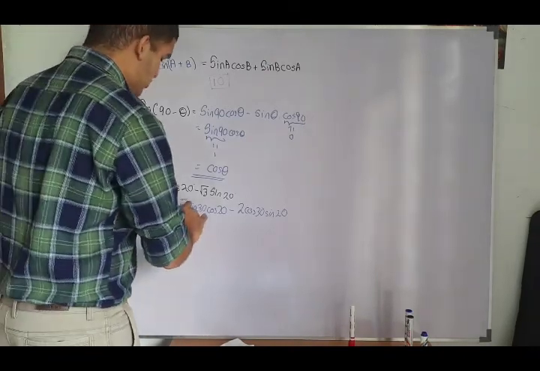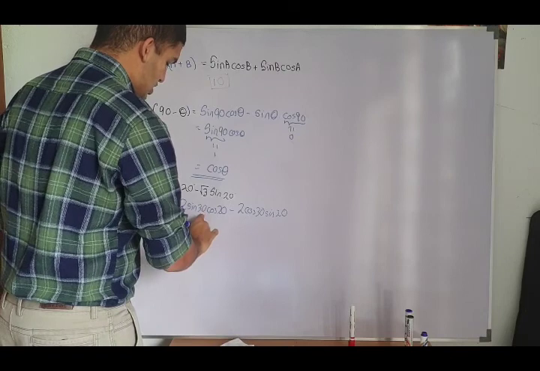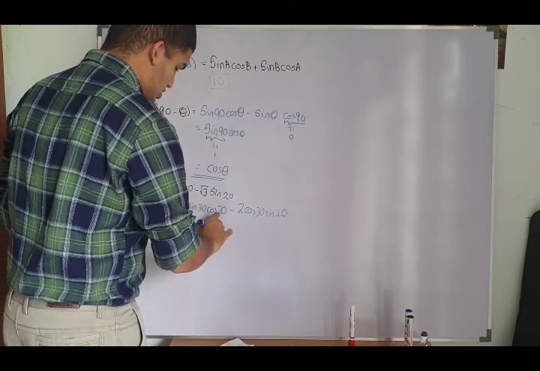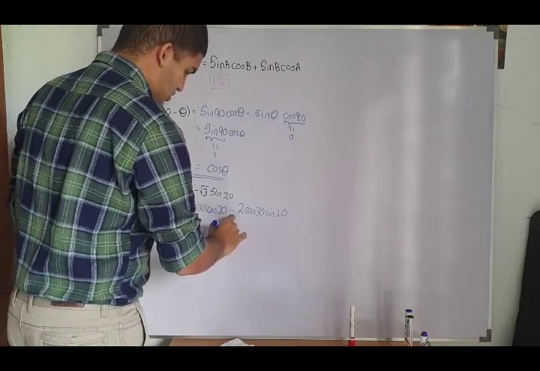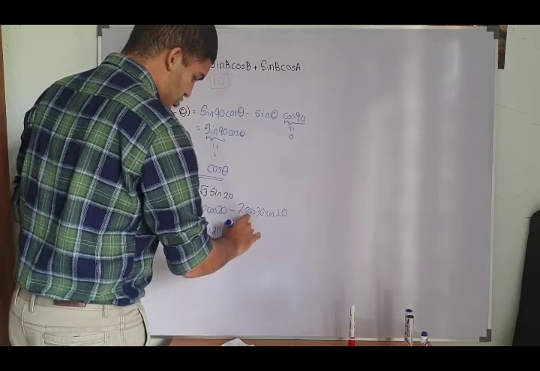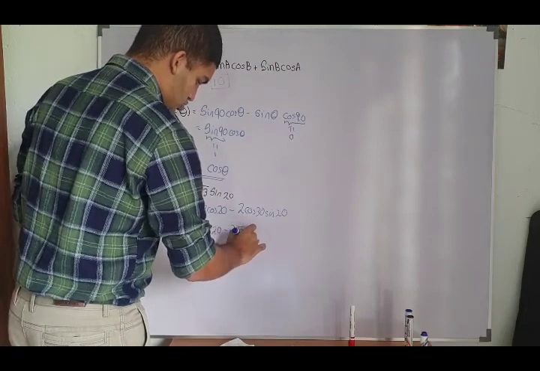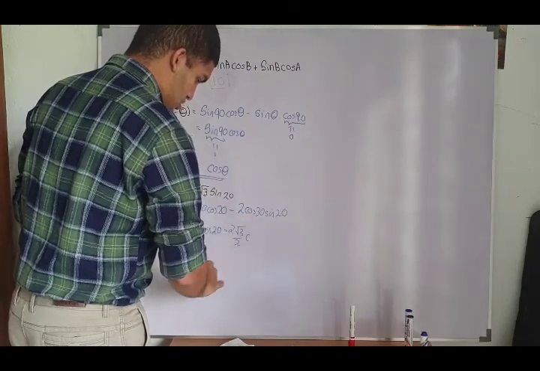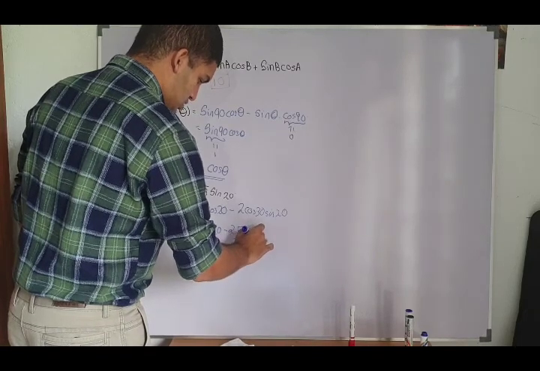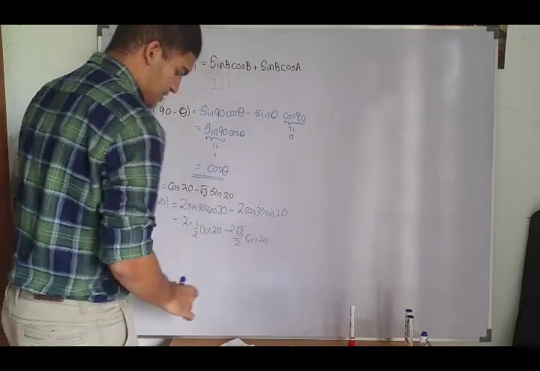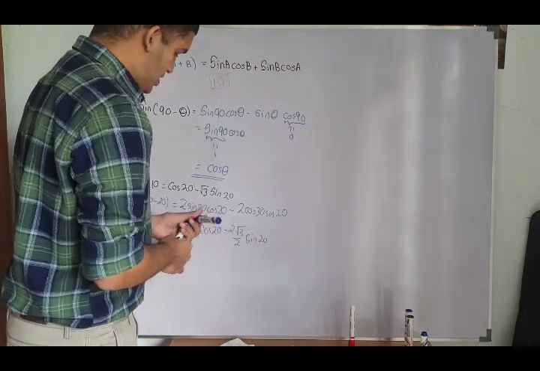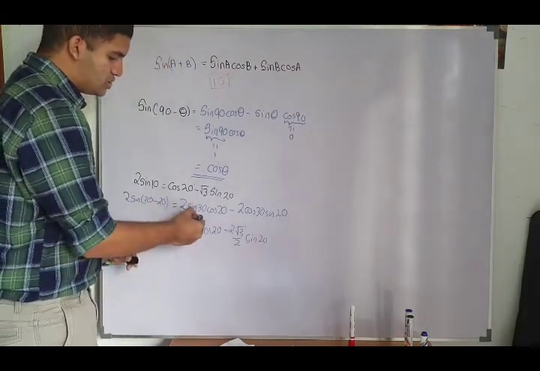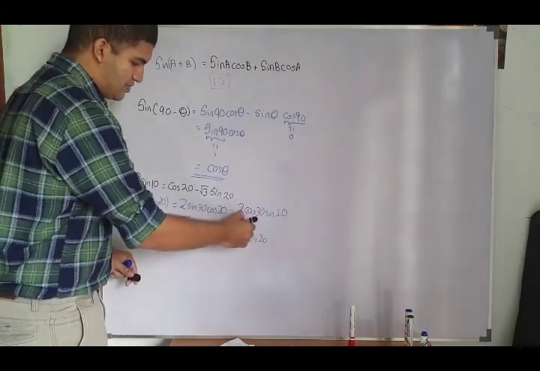So if you take 1/2 here, half cos 20 minus 2 root 3 over 2 sin 20. Now this and this cancel out.